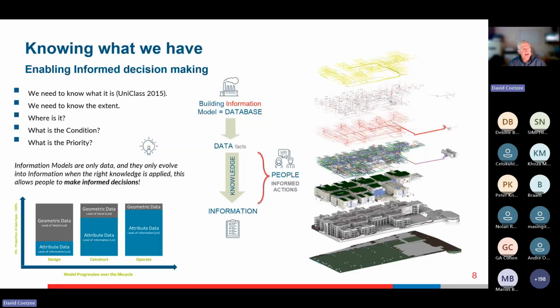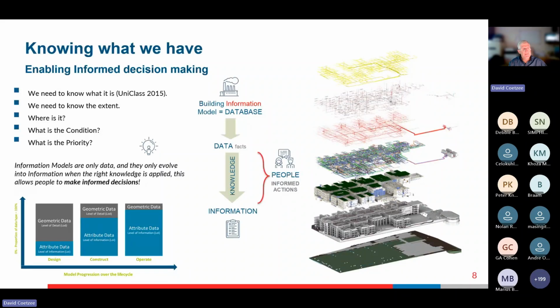So this little graphic down the bottom left-hand corner: during the design phase, the focus is on the geometric data. In other words, what is the shape of the item? Where is it, and how does it fit in with each other? And we don't focus too much on the attribute data. As we move into the construction phase, the importance of the geometric data, not the extent, but the importance tends to drop, because we've already set it over here.